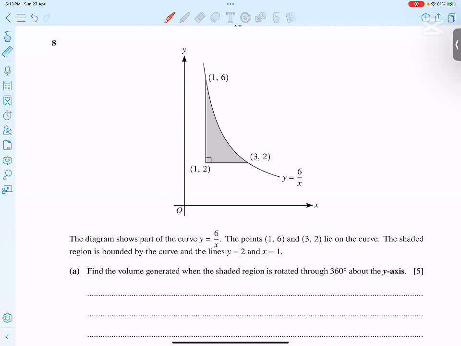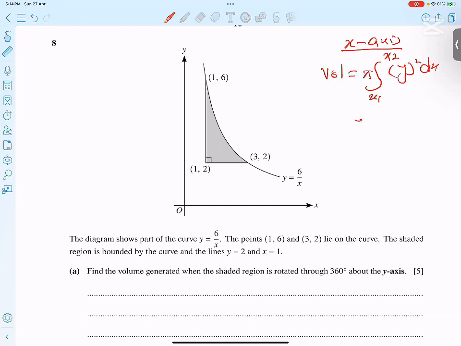Question number 8, students. We have a curve equation given, y = 6/x. He is saying that this shaded part and a line are given, and we need to find the volume generated when the shaded region is rotated about the y-axis. The basic formula for the volume about the x-axis is π outside, integral from x1 to x2 of y² dx.